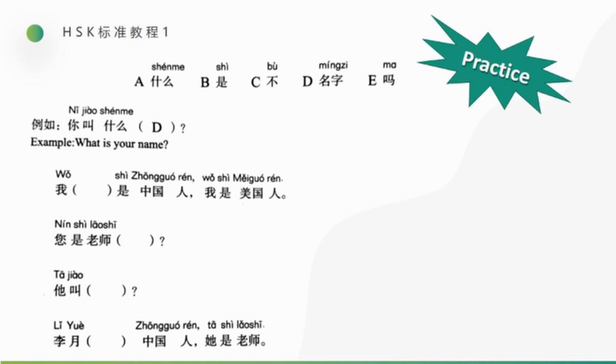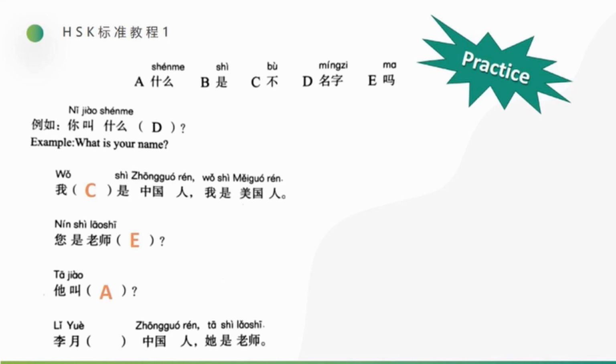Okay, the first one, 我不是中国人，C，我不是中国人。Okay, next one. 您是老师吗？Yes, it's a question. Next. 他叫什么？Good.